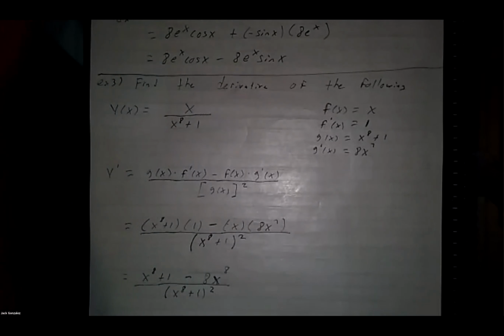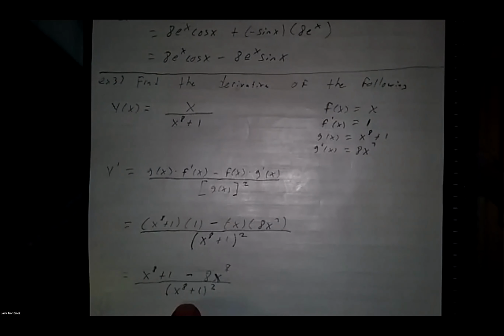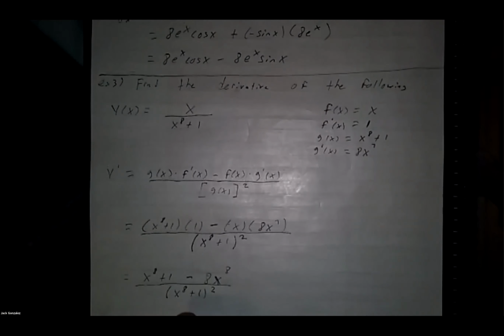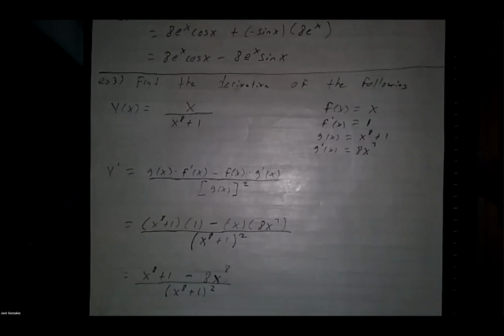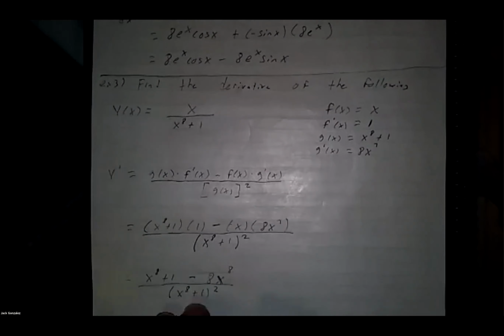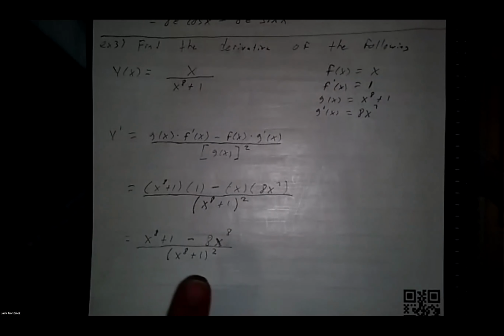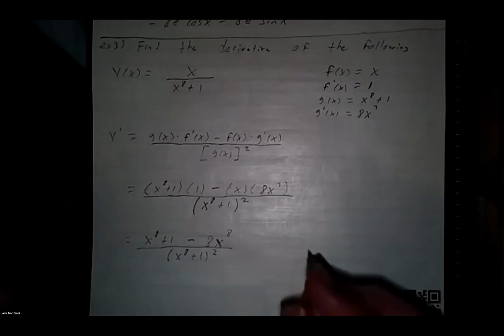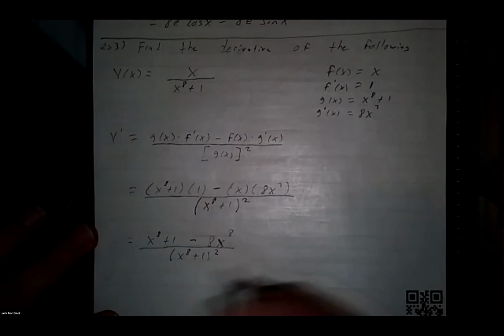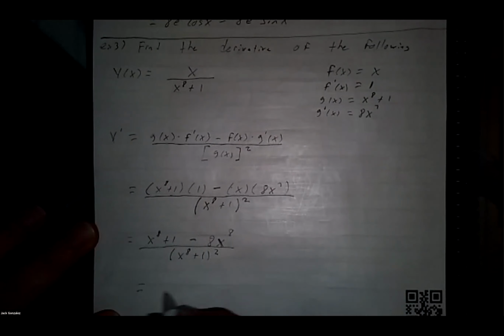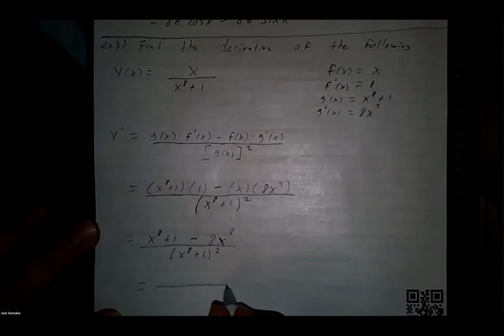Let me check the answer and see if they square the bottom. No, they just left it this way. So they're cool with you leaving it like this, with the denominator. Could we write it out differently and factor it out? Yeah, you could multiply it out if you want to, but they will also accept it like this. In my experience, unless they ask for a specific rule, you could use quotient or the other one without any difficulty.